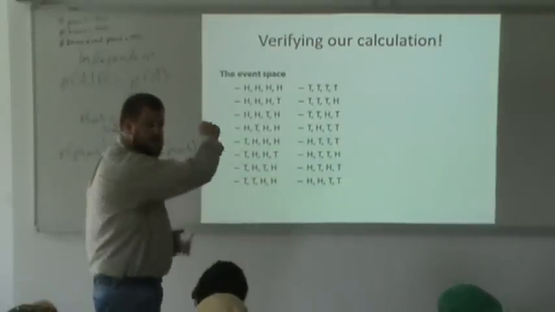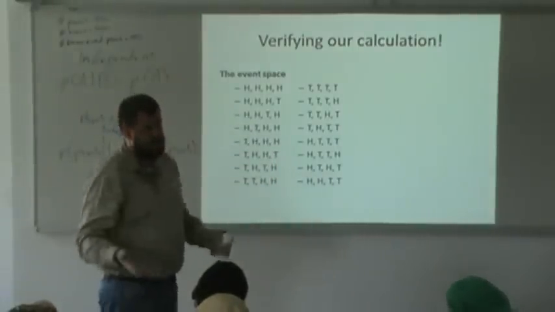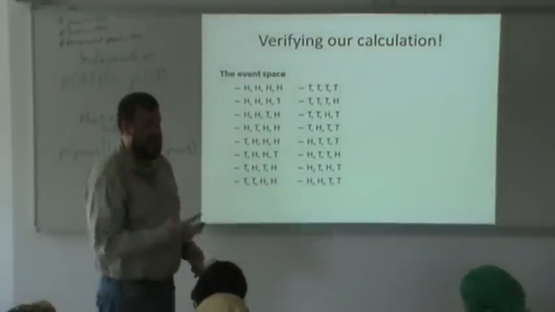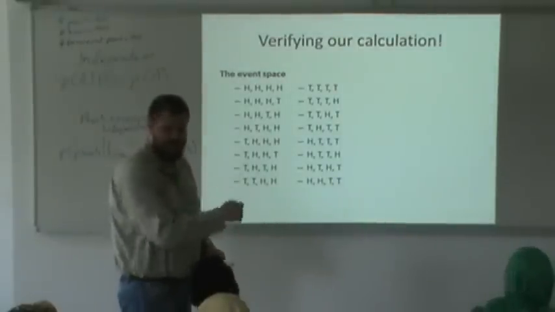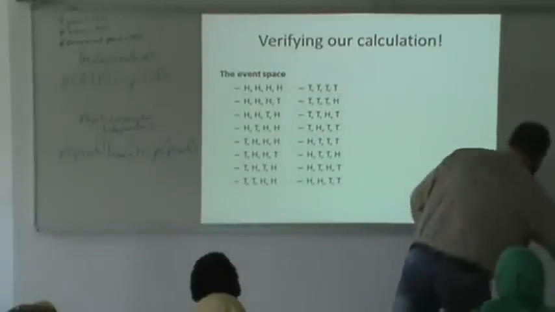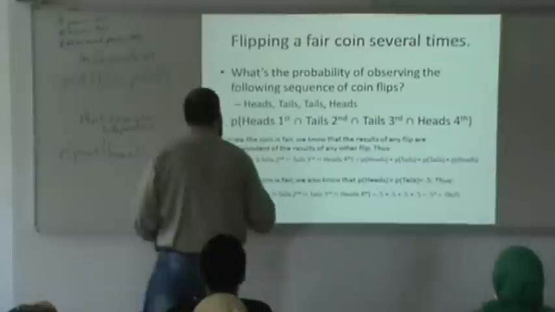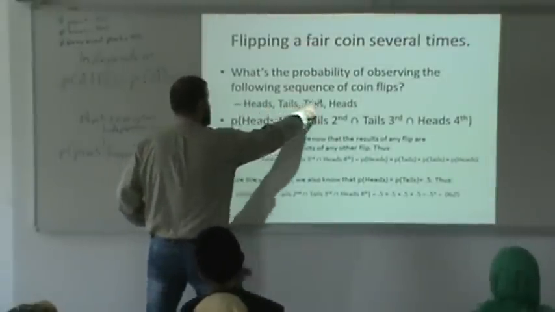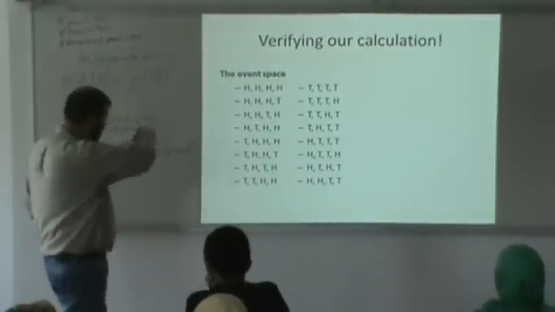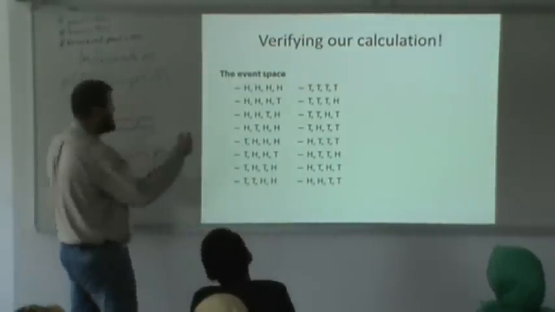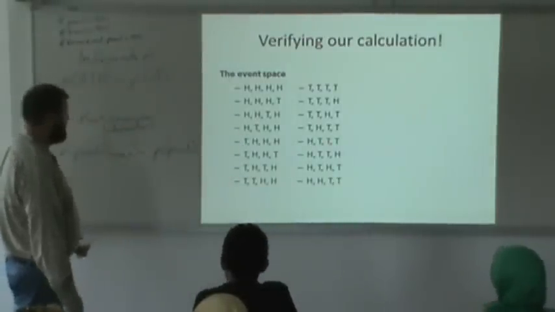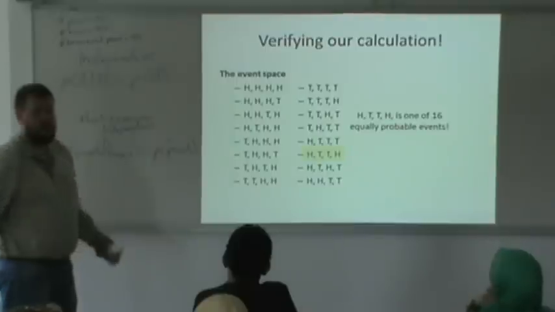So basically I just did this by hand. This is a pain in the butt. This is a bad way of doing things because you have a lot of writing to do. So before we said heads, tails, tails, heads, right? How many of these events are heads, tails, tails, heads? 1, right? That's it right there.